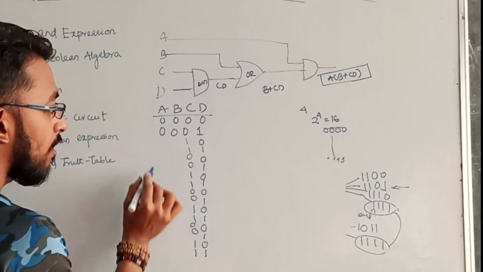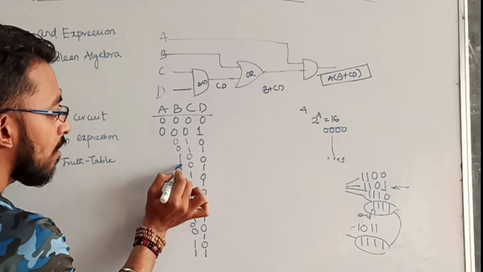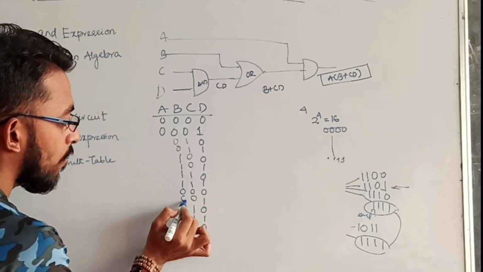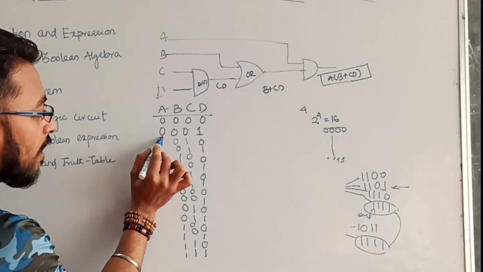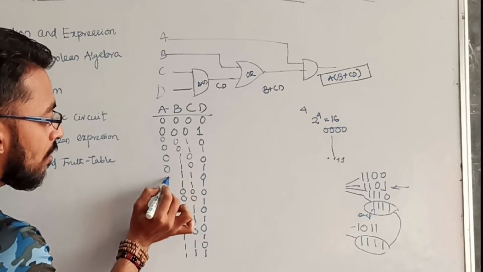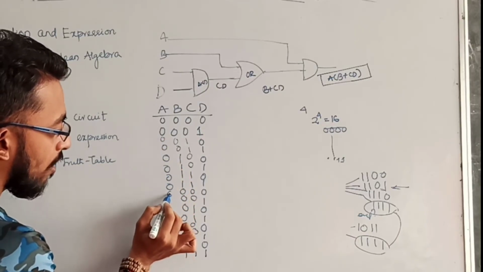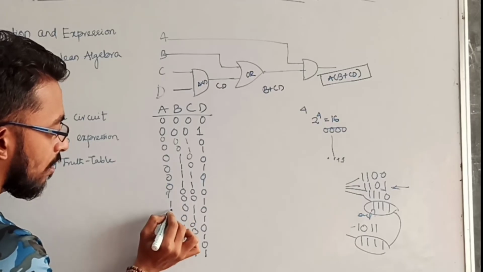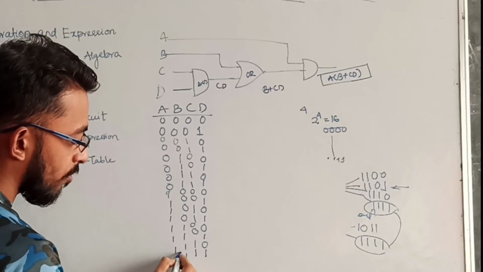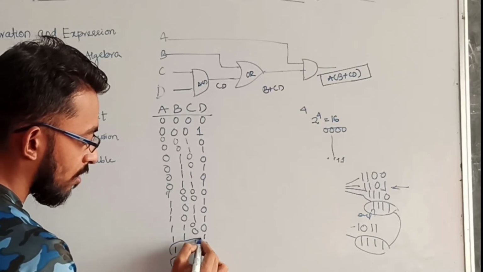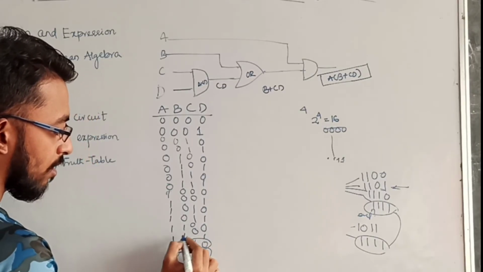This one is nothing but 4 zeros and 4 ones. Then 4 zeros, then 4 ones. There are 8 zeros and there are 8 ones. So don't get confused in this line. You have to see for which combinations they are there.